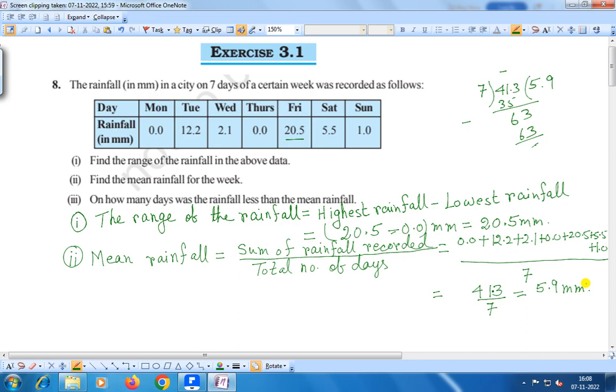Now the third question is, on how many days was the rainfall less than the mean rainfall?